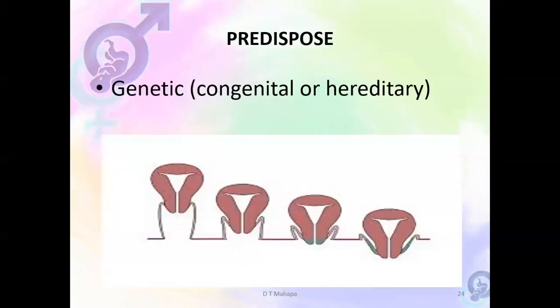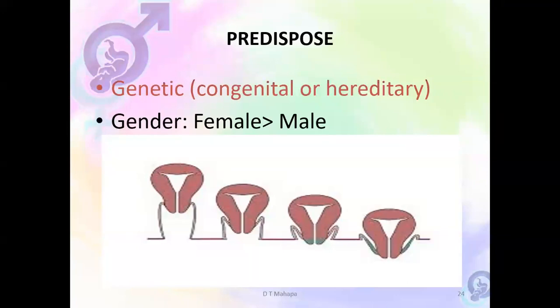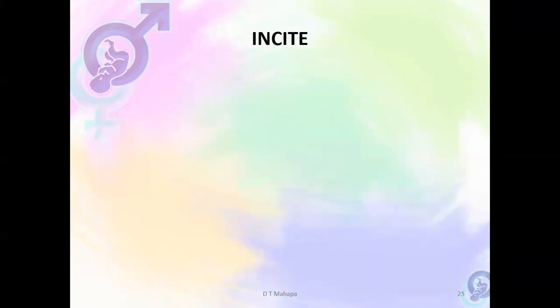Some people genetically have weak collagen, weak ligaments. Those are the people that will have pelvic organ prolapse, even if they haven't delivered vaginally. And for some people, males will have prolapse less than females, of course. Those are the predisposing causes. Then we come to the inciting causes.